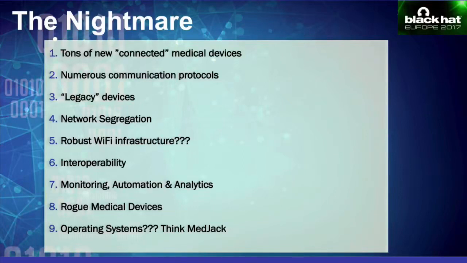A lot of them come with old hardware. They have older operating systems, just the way that they work around the clock. It's not easy to patch them. In fact, most of these devices are heavily and strictly maintained by the manufacturer's own technicians. So even if hospital IT staff wanted to do something about it, they don't have much insight into these medical devices. They don't have any protection against malware, etc.